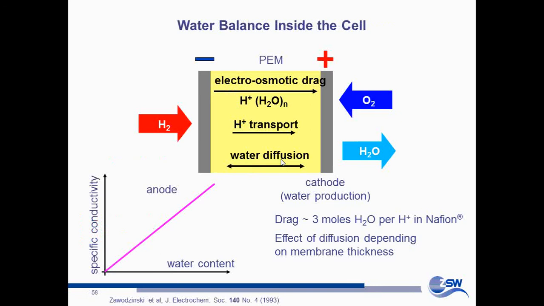Water balance in the cell. Well, we have water generation here. We have proton transport. With the proton transport, we are transporting water from the anode to the cathode, and we have water diffusion. Typically, since there is a lot more water at the cathode side, it goes in that direction. So we have, in a sense, back and forth traffic of water in the electrolyte membrane.